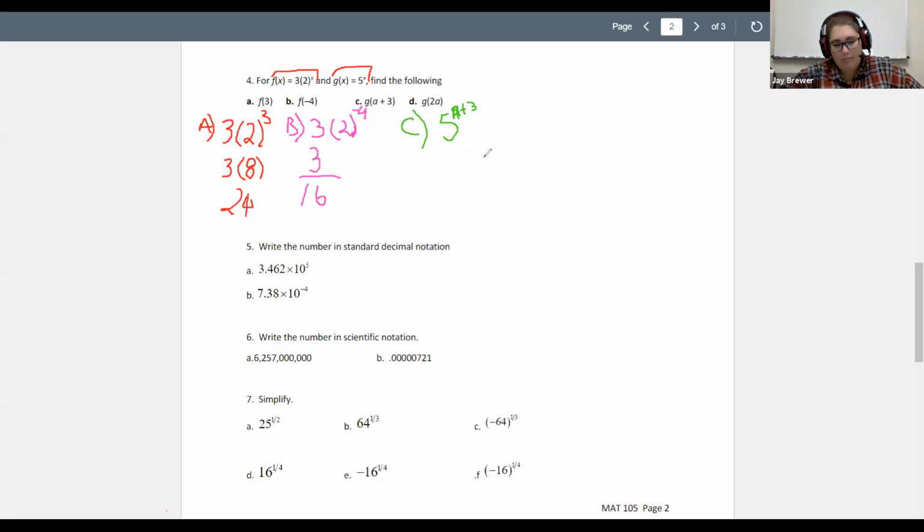Now, what that means is we can actually use our property rules and realize that that means 5 to the a times 5 cubed. Well, now we can figure out 5 cubed. 5 cubed is 125. So it's 125 times 5 raised to the a. Okay, that is your entire complete answer.